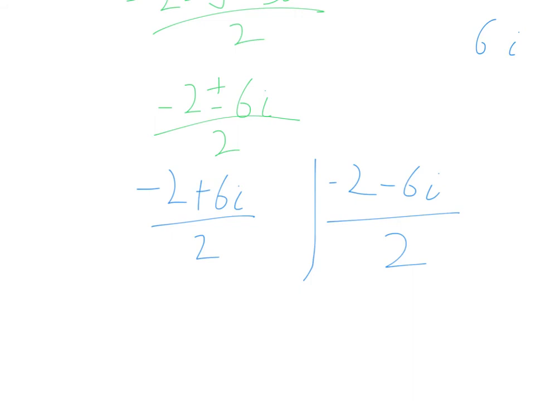Minus 2 divided by 2 will just give us minus 1, and 6i divided by 2 will give us 3i. So we're dividing each of those terms by 2. Over on the right hand side, minus 2 divided by 2 will give us minus 1, and minus 6i divided by 2 will give us minus 3i.